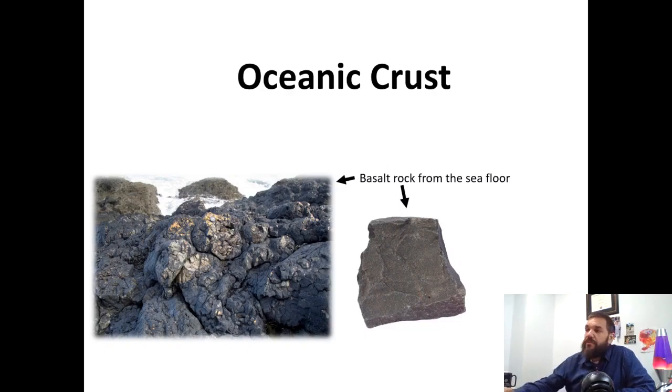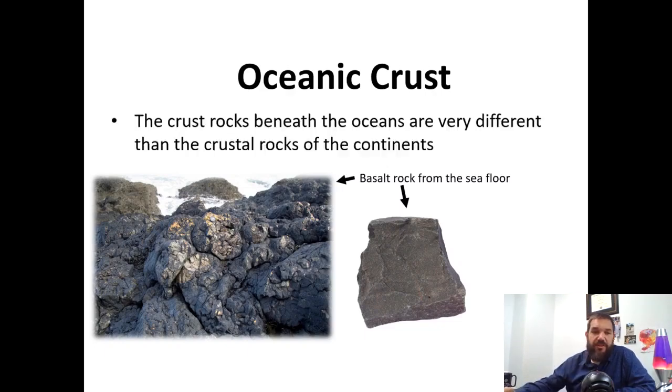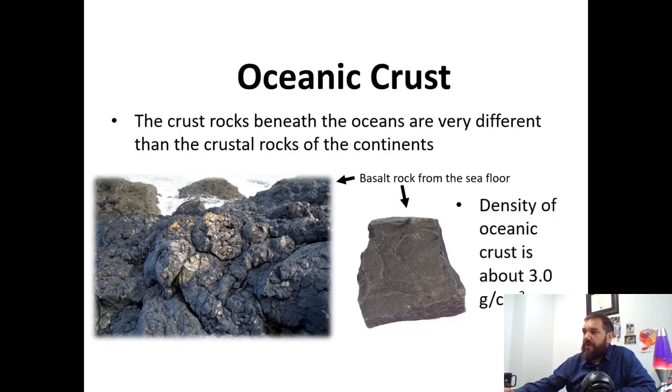That's a picture up there, basalt on the seafloor, and you can see that the crustal rocks are going to be quite different. The density of this crust is 3 grams per cubic centimeter. That's a lot less than the whole Earth. Remember, the whole Earth is 5.5 grams per cubic centimeter. So why the big difference?